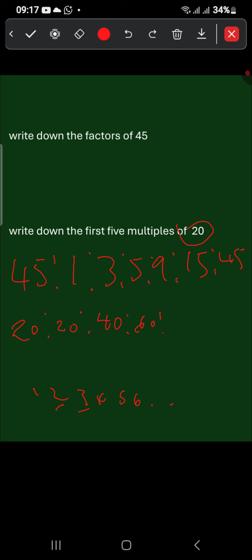Then 4 multiplied by 20 again. 4 multiplied by 20 is 80. And then 5 multiplied by 20 is 100.